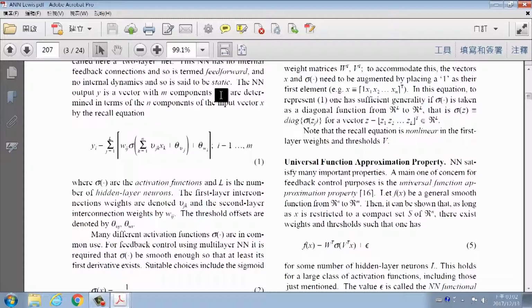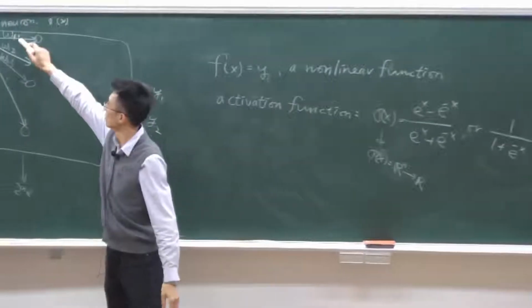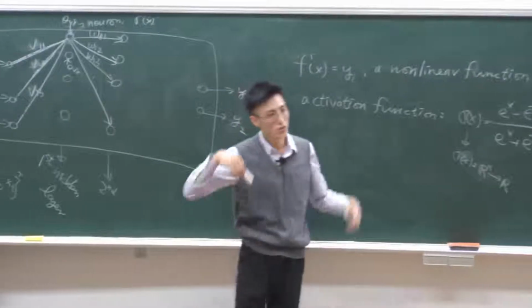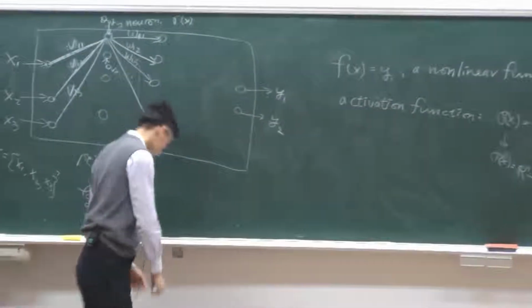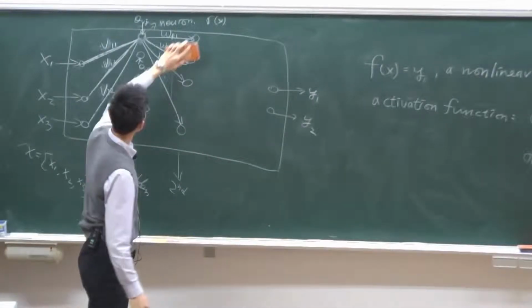And you take the output of this function to do the linear combination with W2, which is the weighting on the second layer, and do the nonlinear approximation. Here we only have one hidden layer, just one hidden layer.